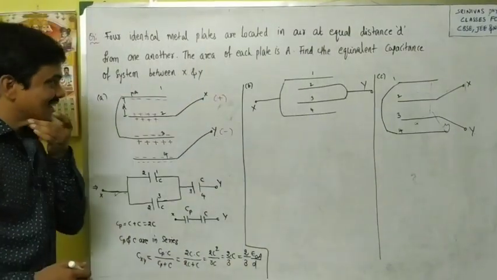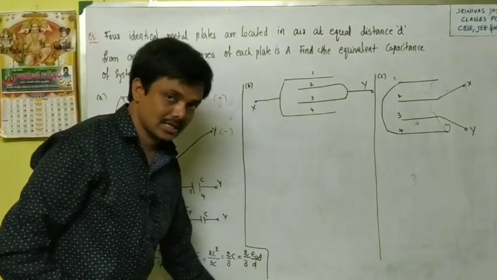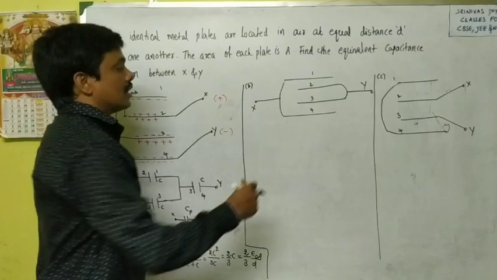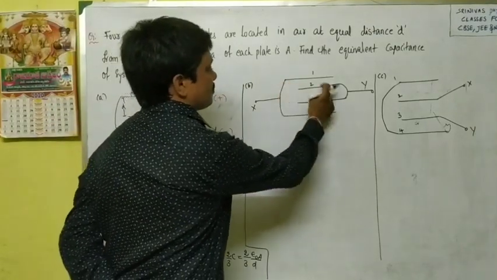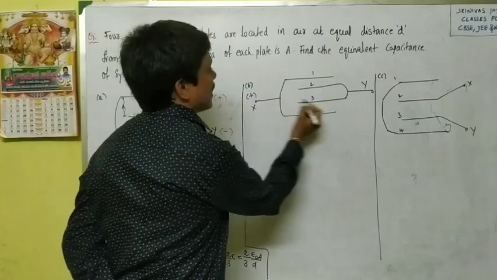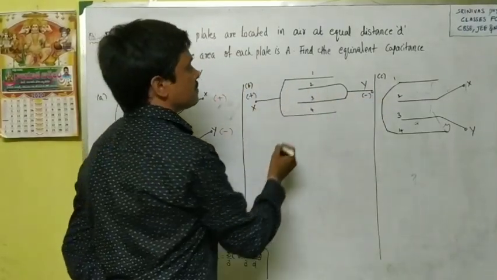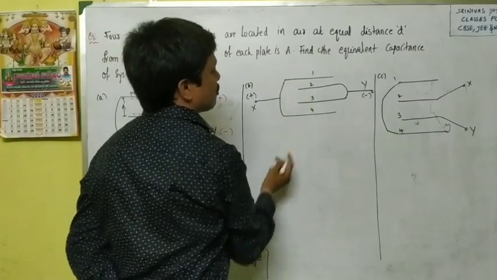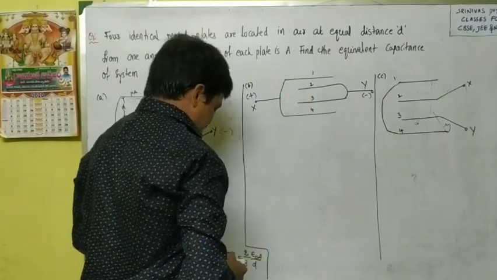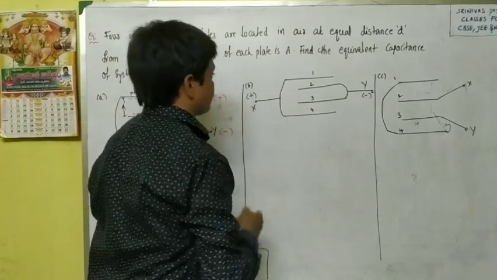Let us see. What do we have to do first? First we have to assign the charges. Okay, and there are 4 plates here. This X I will give as plus and Y I will give as minus. And now we have to find the effective capacitance. There are 4 plates.